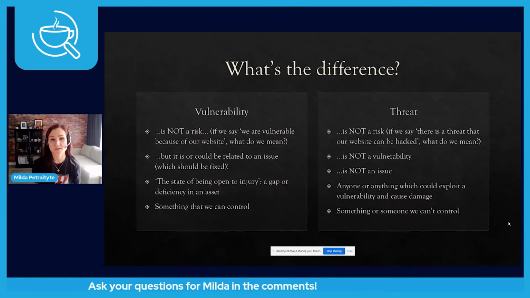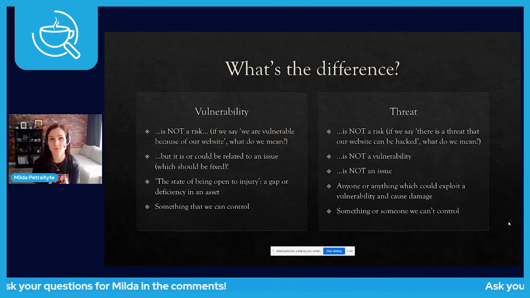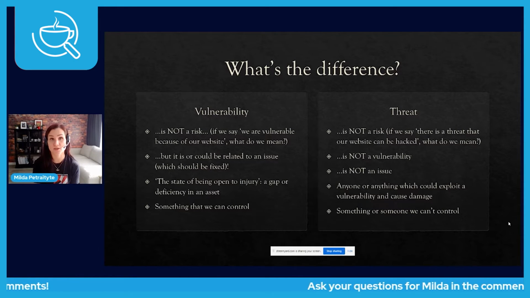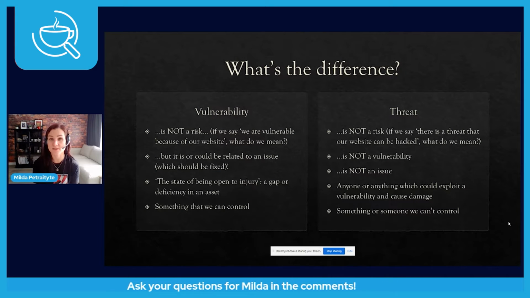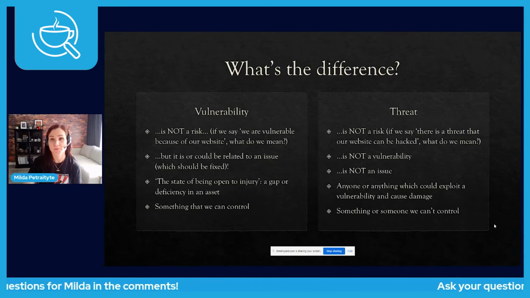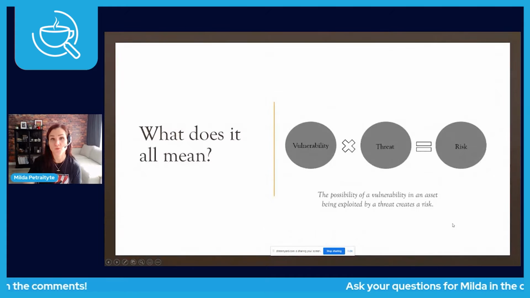As I said, there's typically a triangle between vulnerabilities, threats, and assets. Understanding our assets and vulnerabilities helps us understand what kind of gaps we have in those assets that threats could take advantage of. So what does it mean essentially?